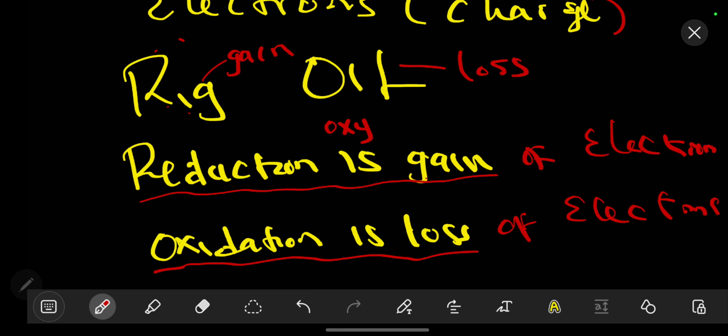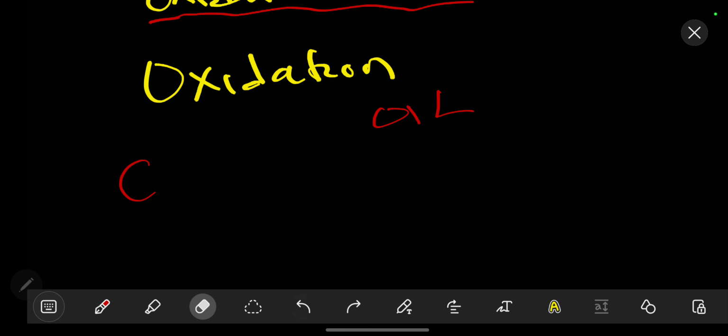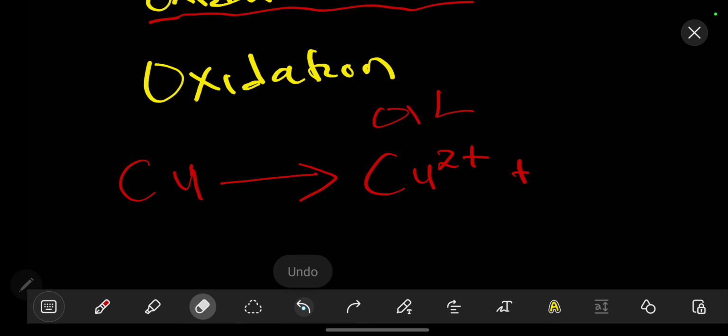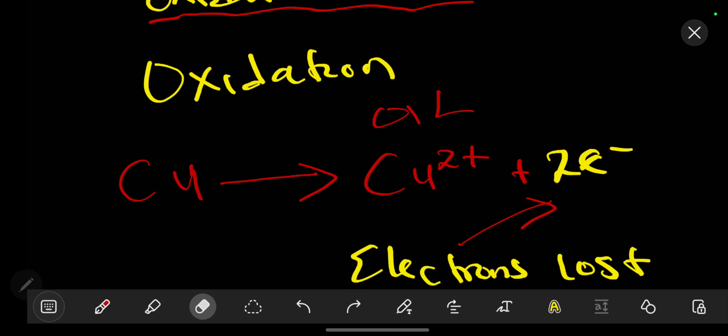Now let's dive deeper into this. Let's say we have this reaction, copper becoming an ion plus an electron like that. As long as electrons are on the right hand side, that means to say those electrons have been lost.